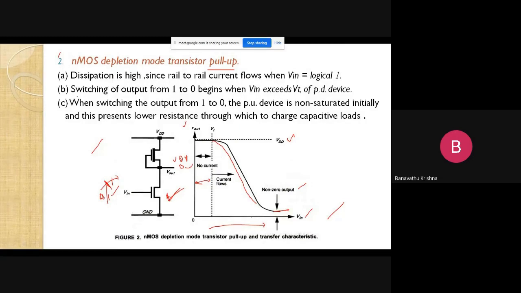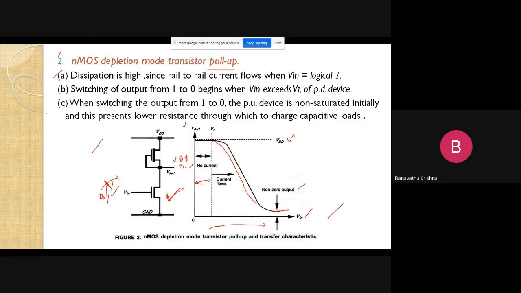Coming to this point, in the first case, the power dissipation is there since rail-to-rail current flows when V input is logic 1. So the current flows through these devices. Logic 1 means we are slowly increasing the input response from 0 to reach 1. In between, there is a flow of current.